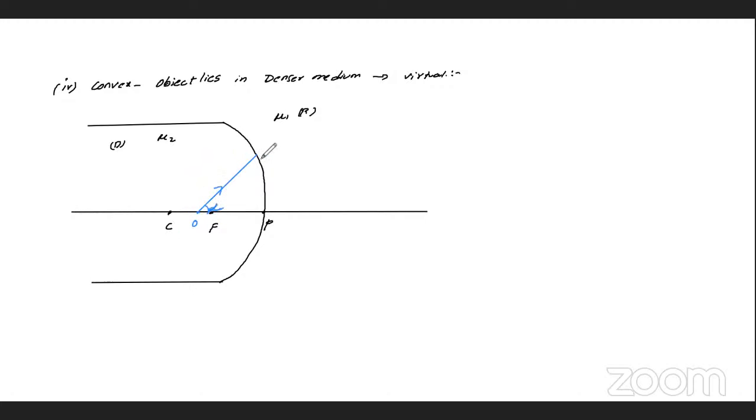In this case, the light ray will bend with respect to the normal line. This is your normal line, and this angle is the angle of incidence. The light ray will bend away from the normal line.